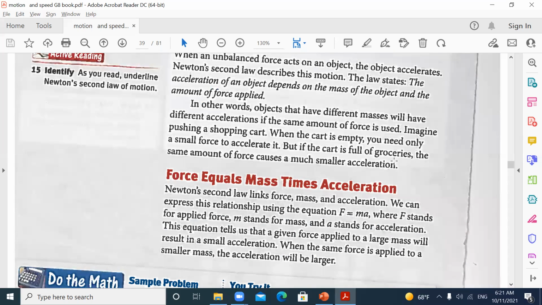You can push your friend Omar a certain distance, then apply the same force to another friend whose weight is much more than Omar's.